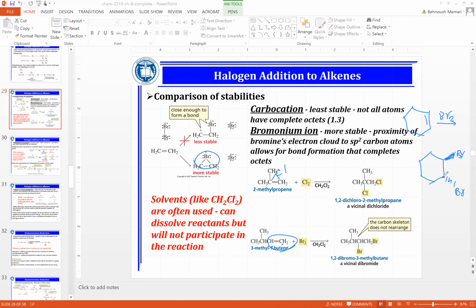Is that what you mean? Yes, it's going to be anti-addition, one top, one bottom. And then if you draw a cyclopentene like this, you should go Br up, Br down, like that, to show that it is anti-addition somehow.